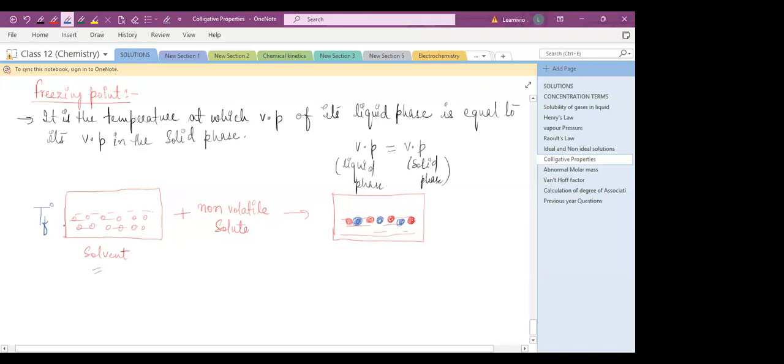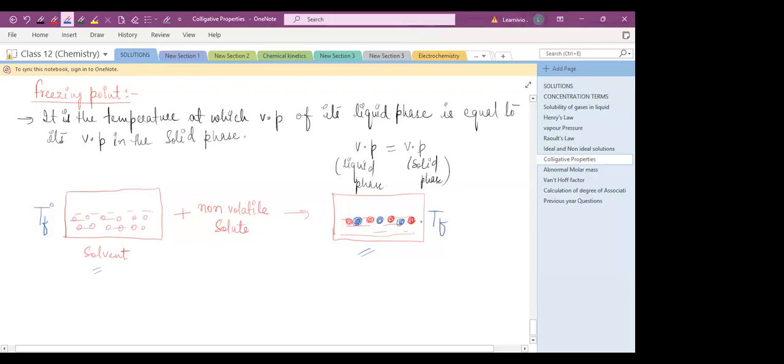When we add the non-volatile solute, what will happen? The freezing point of the solution becomes lower. The freezing point becomes depressed, reduced, when you add the non-volatile solute. It becomes Tf, the freezing point of the solution.